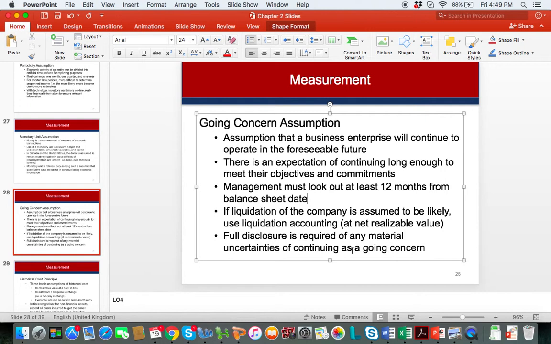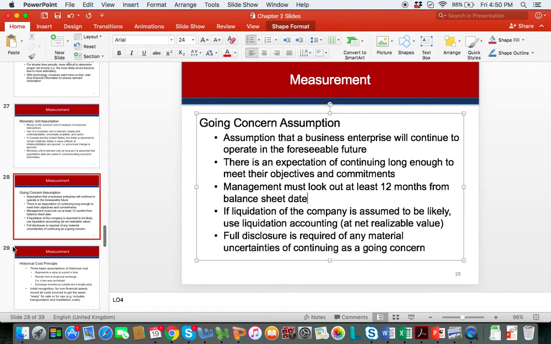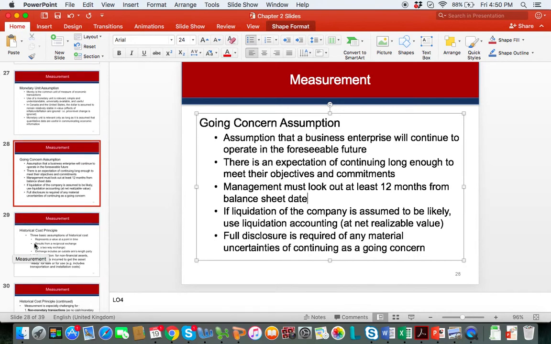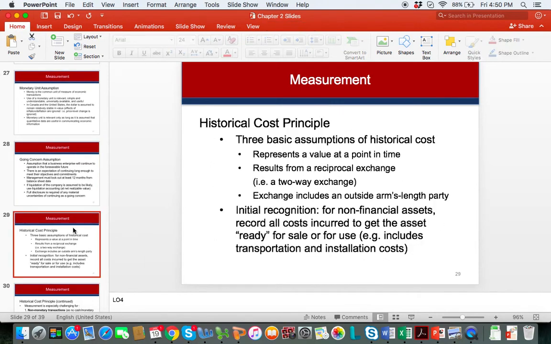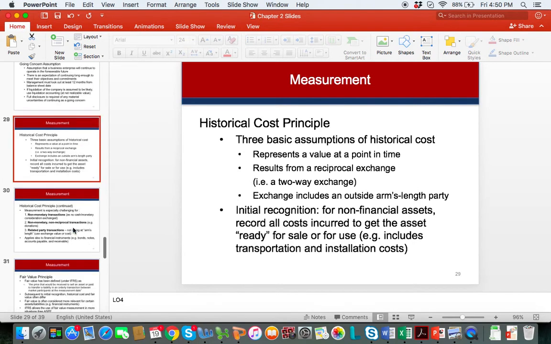When producing your financial information, you have to fully disclose anything that could cause the business to cease being a going concern. A good example would be Sears. If Sears knew that they were folding at the end of last year, that should have been disclosed at the end of 2016 or early 2017. Now we're looking at the historical cost principle, with three basic assumptions. It represents a value at a point in time.